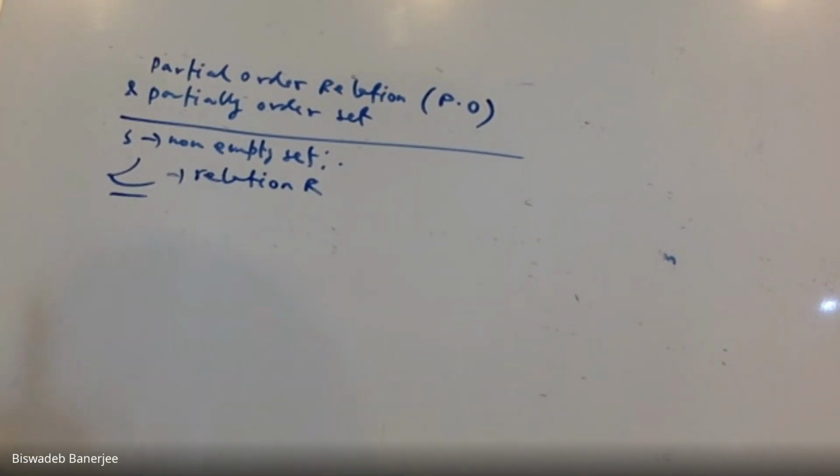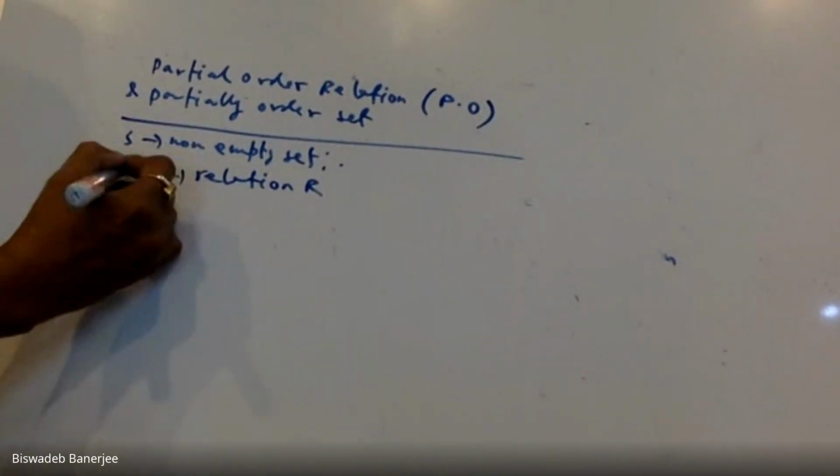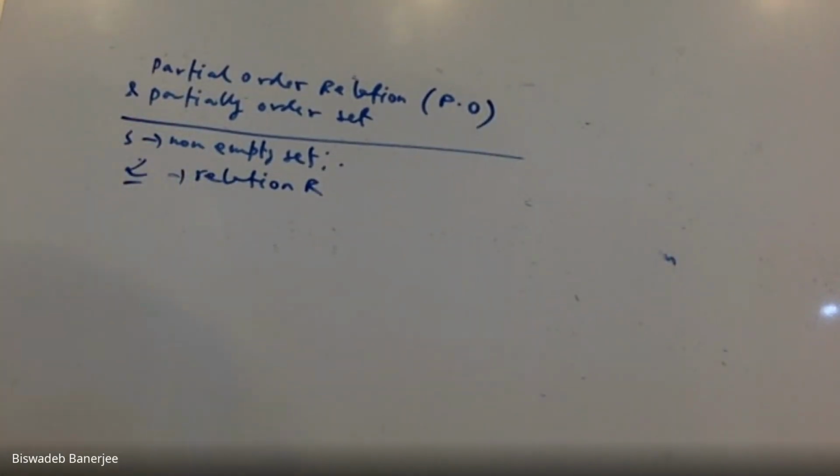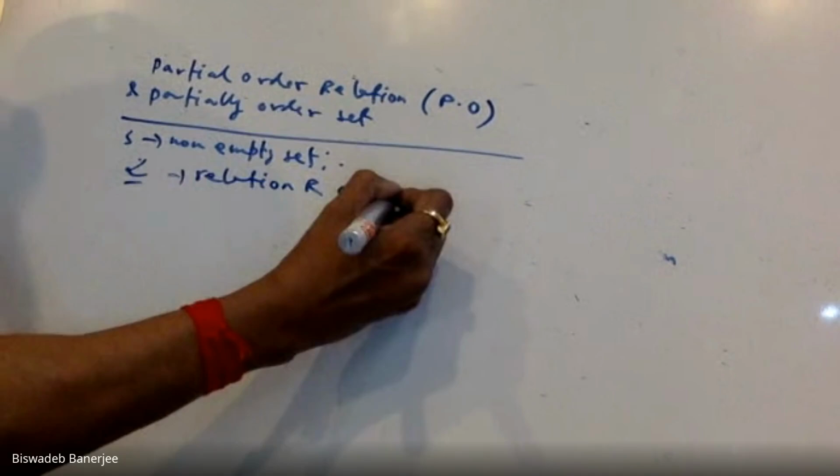You don't need to take any difficult thing, or you can just write it like this. Don't get confused, whatever the notation, forget it. This notation simply implies a relation R on the set S.